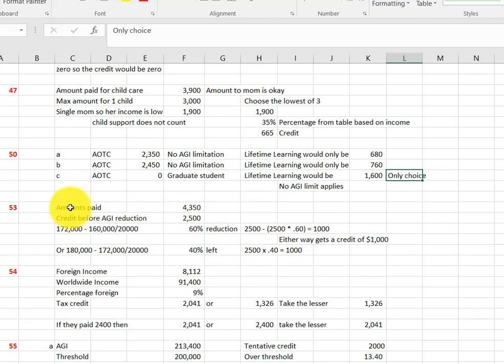So looking at education credits that actually reduce tax, we have the amount paid. Credit maximum AOTC is $2,500. We're over the threshold. However you want to look at it, how much you're over by this formula or how much you're under the top level of the threshold, you've got 40% left.